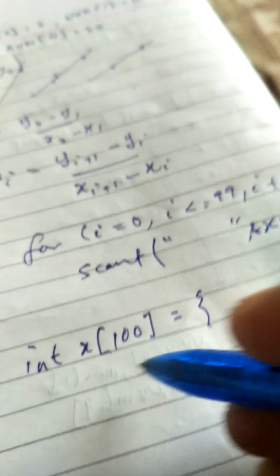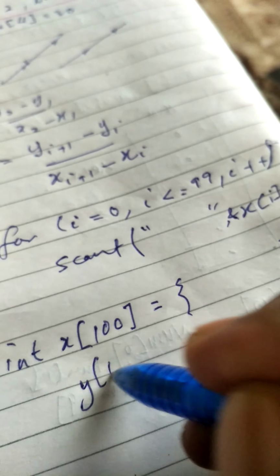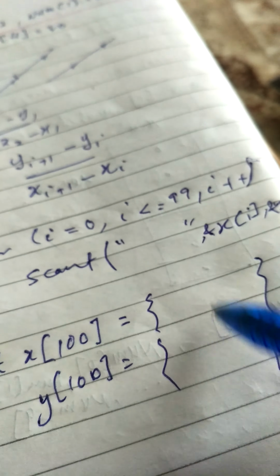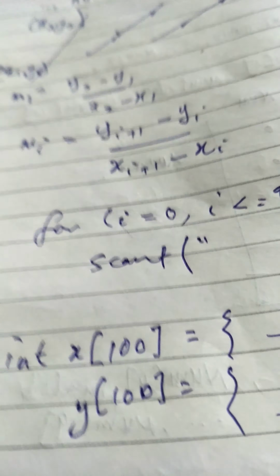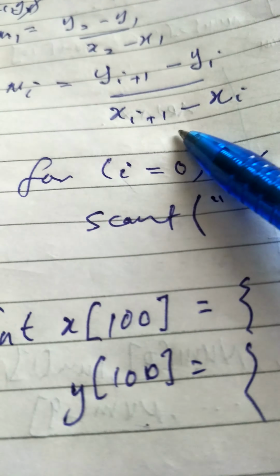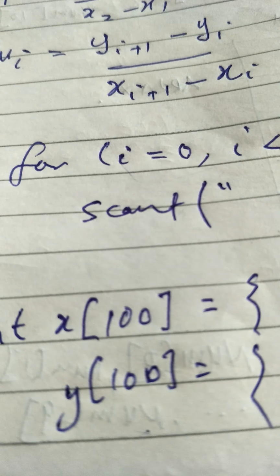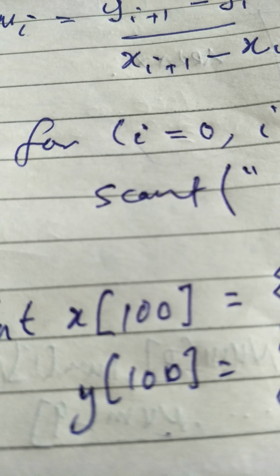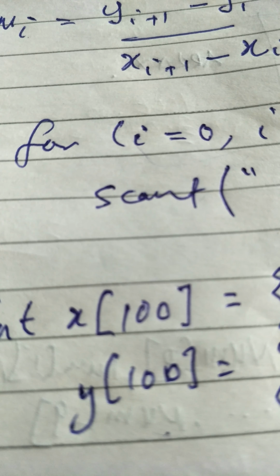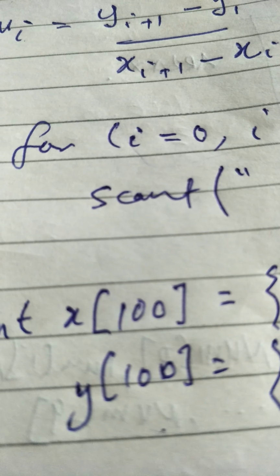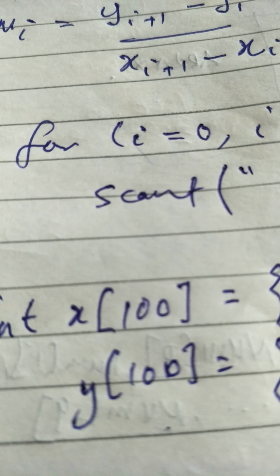And then y of 100 also. You can list the values down there. Then you can have xi, yi, plug in there, and then find the slope for each line connecting two pairs of points.